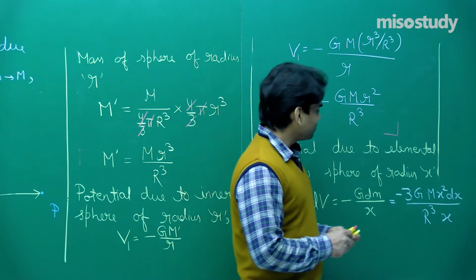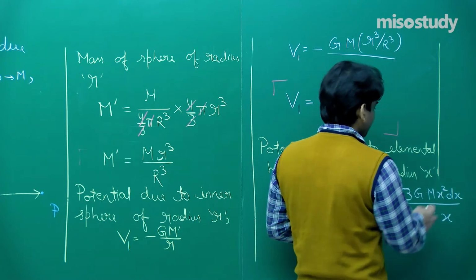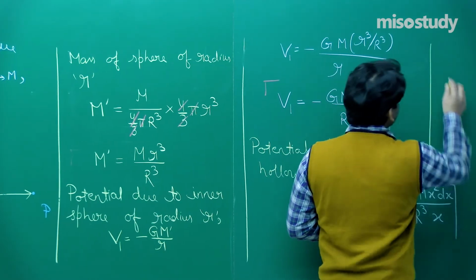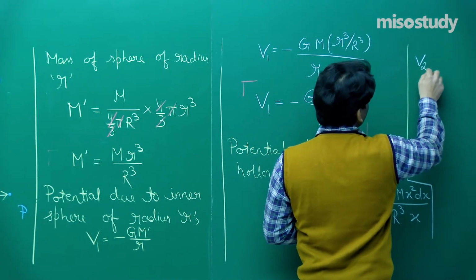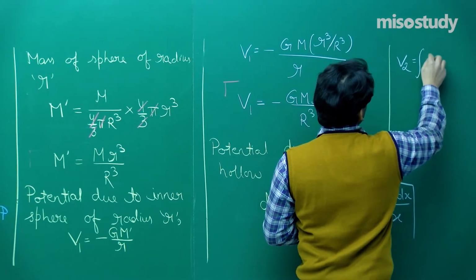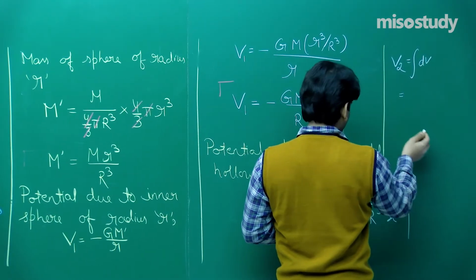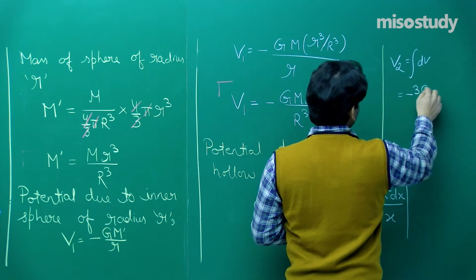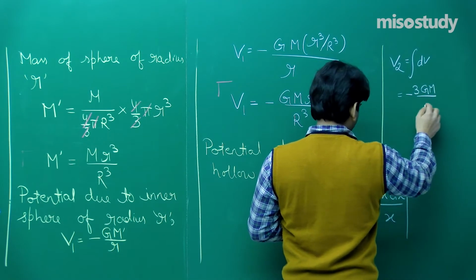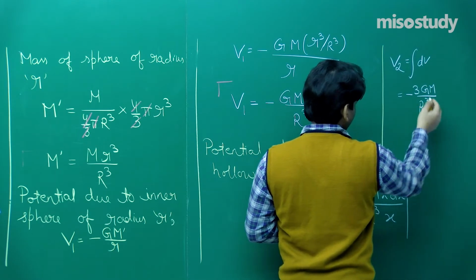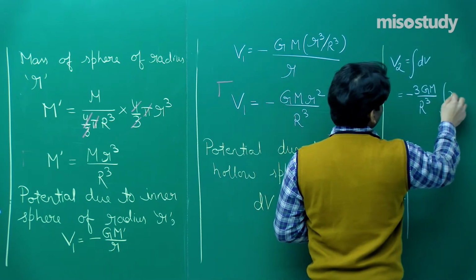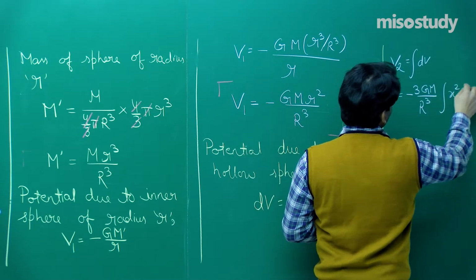Then finally we will be obtaining the net value of potential, which I am marking as V2, is equal to integration of dV is equal to minus 3GM upon r cube, and integrate x square dx.